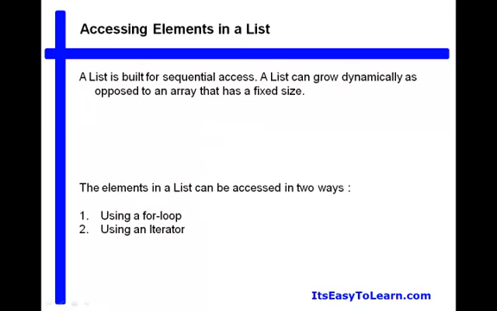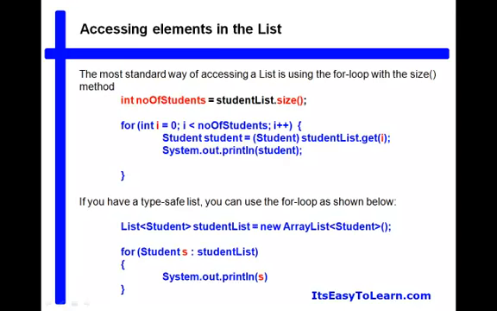A list is built for sequential access. A list can grow dynamically in size as opposed to an array that has a fixed size. The elements in the list can be accessed in two ways: using a for loop or using an iterator. The most standard way of accessing a list is using the for loop. First, we get the size of the list. We start with the counter at the value of 0 and increment by 1 till it is less than the size of the list.